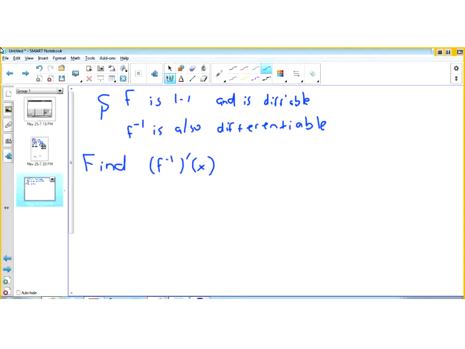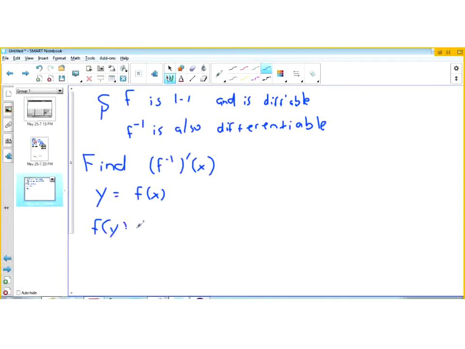How do we do that? What I would propose is we let y equal f of x. So f of x is a continuous 1-to-1 differentiable function. And so take the inverse of both sides.